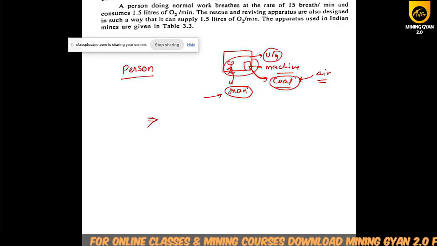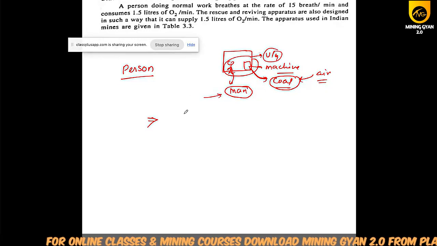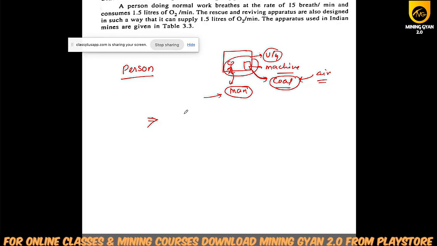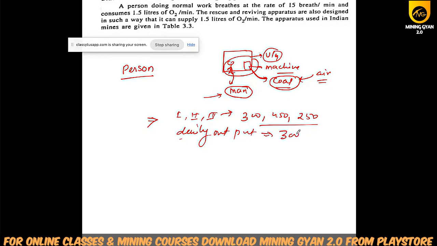So for the main calculation, they will give you that in the first, second and third shift you have 300, 450 and 250 people respectively, and your daily output is 3000 ton.